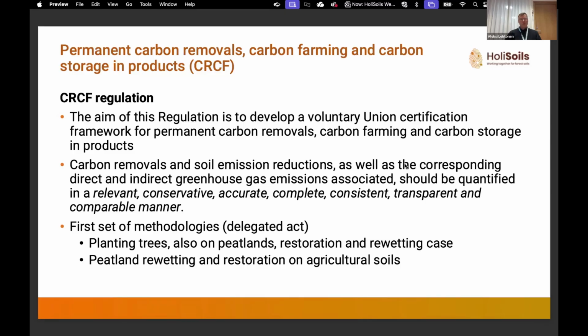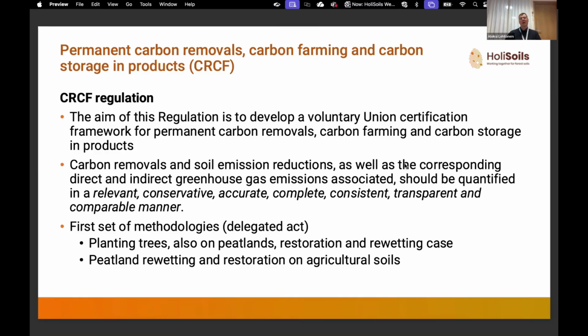The carbon removals and soil emission reductions should be quantified in a relevant, conservative, accurate, complete, consistent, transparent and comparable manner. So there are a lot of conditions and requirements, meaning that we need to have really state-of-the-art tools to monitor greenhouse gases and their changes that result, for example, from management interventions.